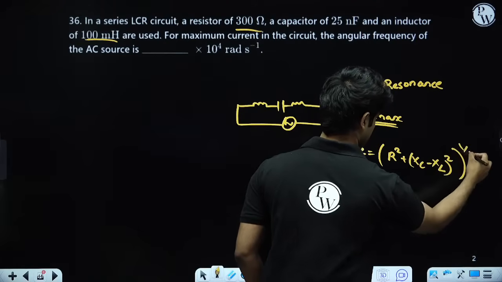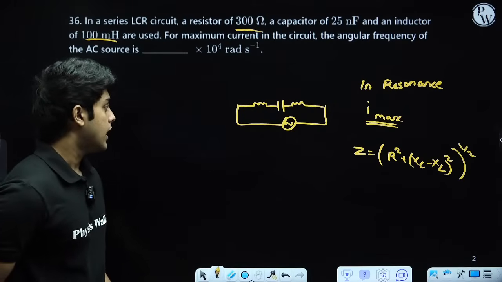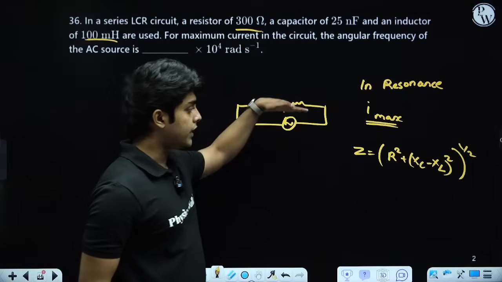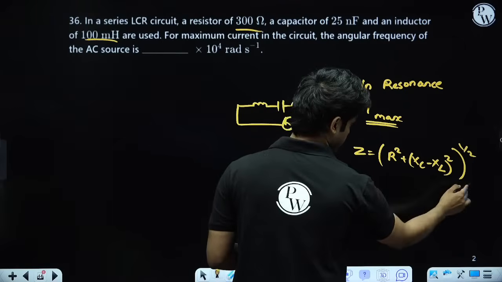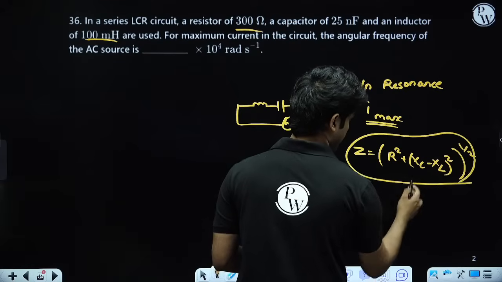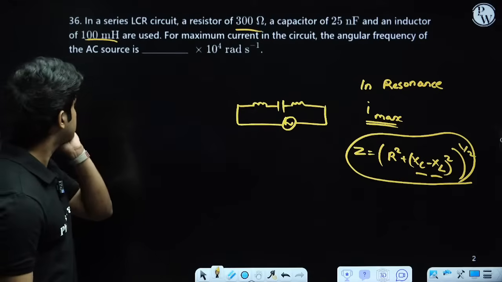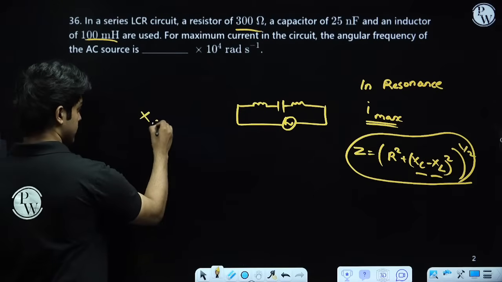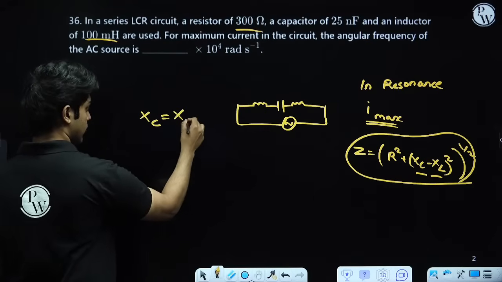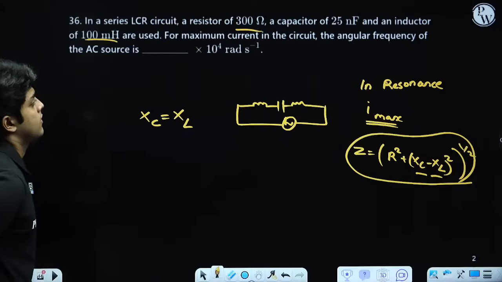This is the total impedance of the series circuit, and for the current we do V divided by impedance. Now current would be maximum when the impedance is minimum, and that happens when XC equals XL, right. So current is maximum in the resonance case in which inductive reactance equals capacitive reactance.